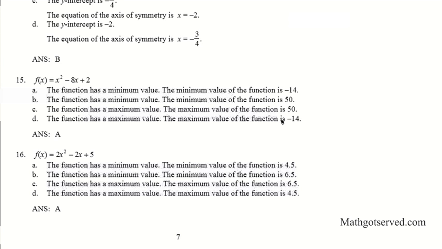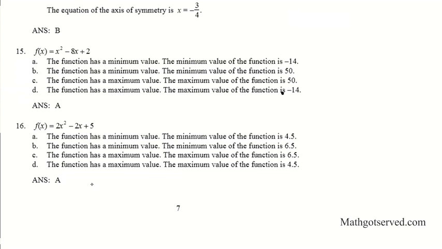It's asking about the maximum or minimum and the value. So we're going to take a look at a and the orientation of the graph to narrow down our options, then we'll go ahead and find the maximum or the minimum value. If you take a look at this quadratic, f of x equals x squared minus 8x plus 2, we can clearly see that a is 1, which is positive.